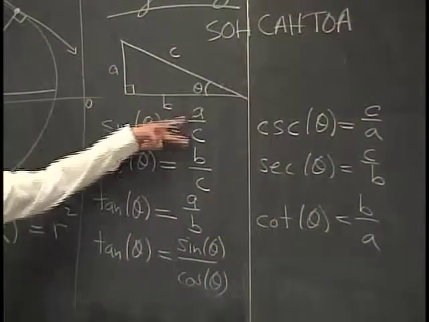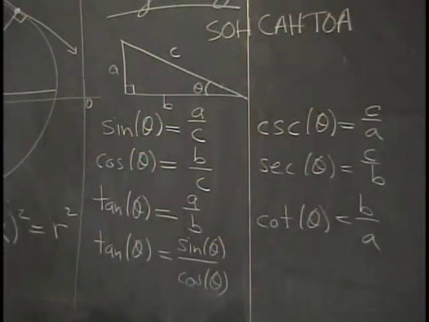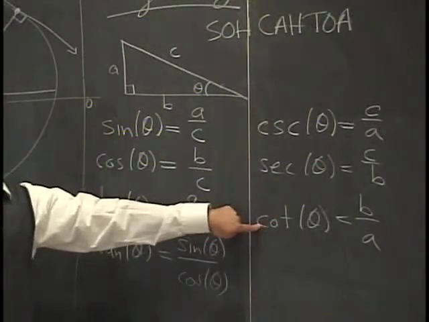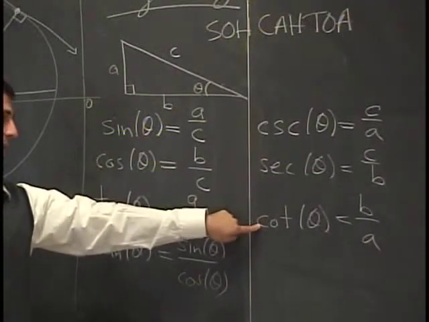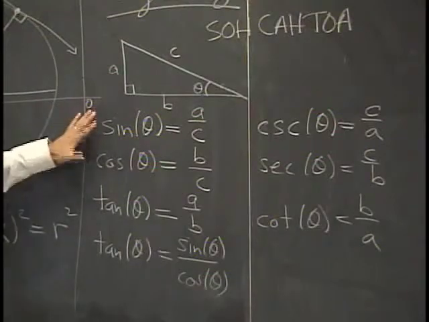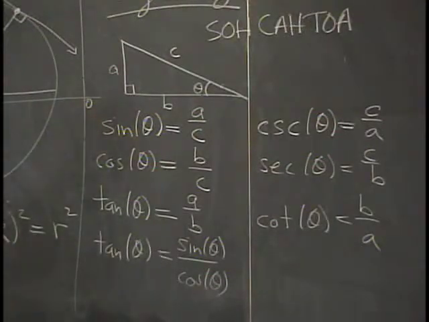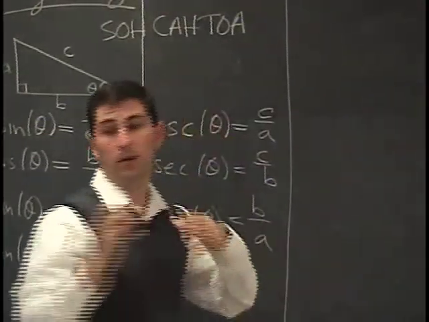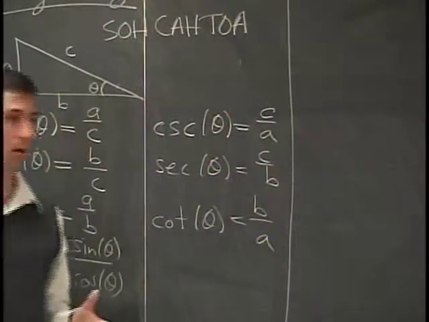Because A over C divided by B over C is A over B. And similarly, all of these things can be written in terms of sine and cosine. So the sine and cosine will be the functions in which we'll be most interested. Because we can always reduce things to sine and cosine.